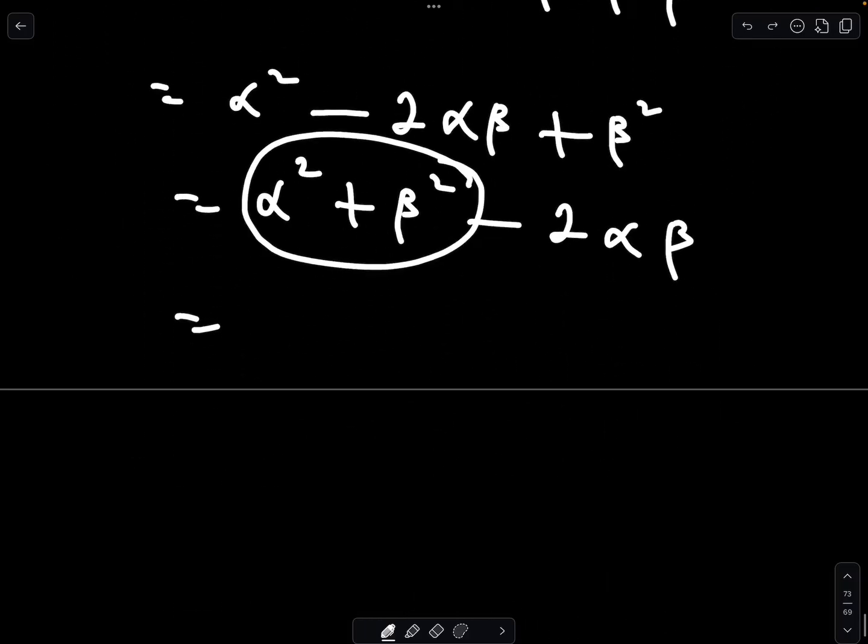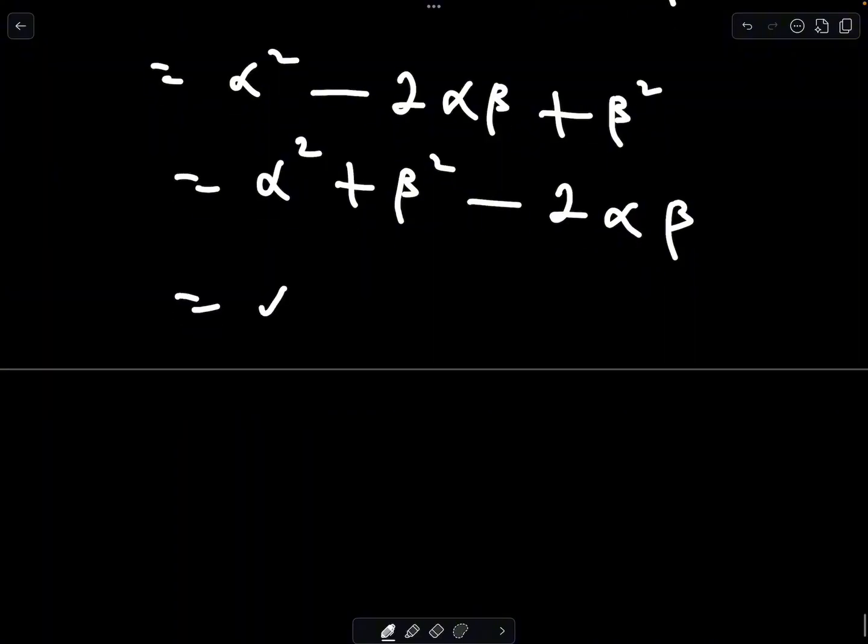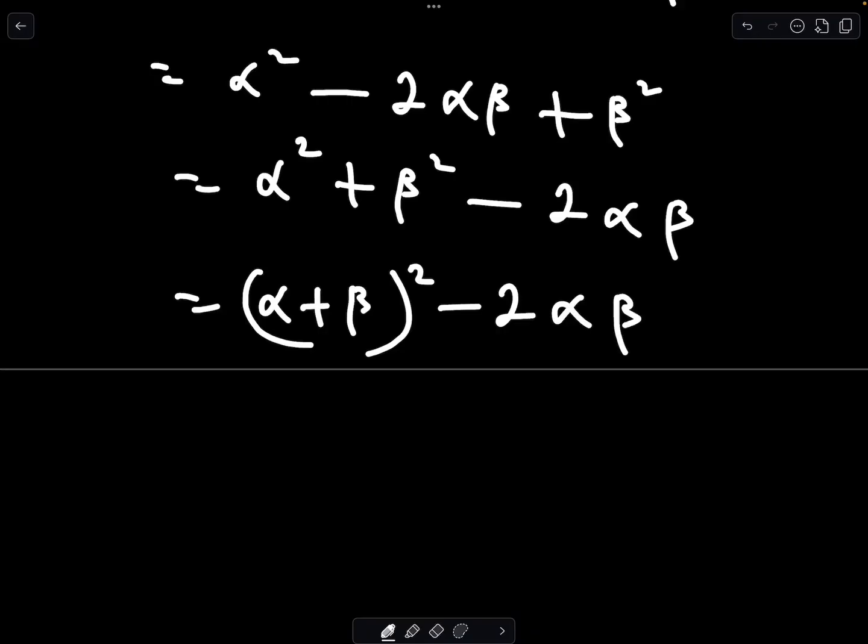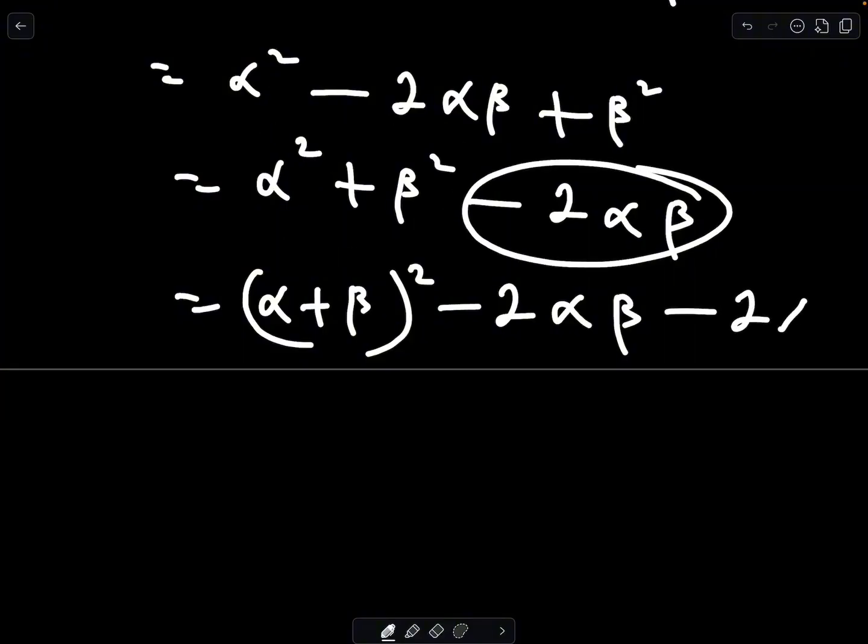So instead of writing alpha square plus beta square, I'm going to write alpha plus beta all square minus 2 alpha beta, which represents alpha square plus beta square, and then the minus 2 alpha beta.